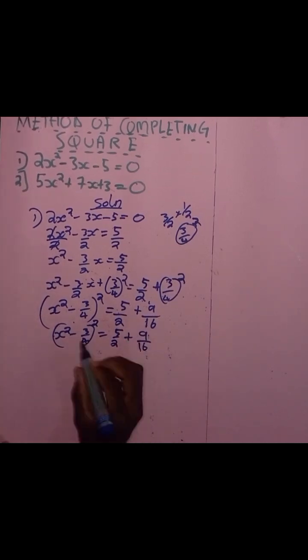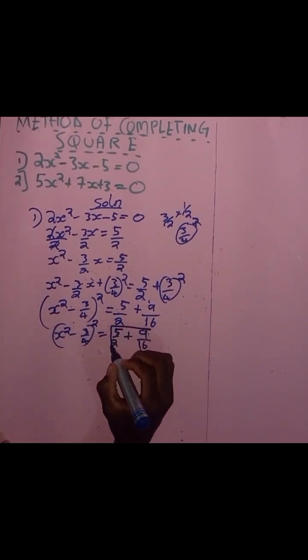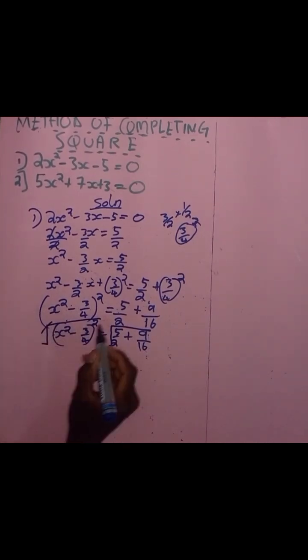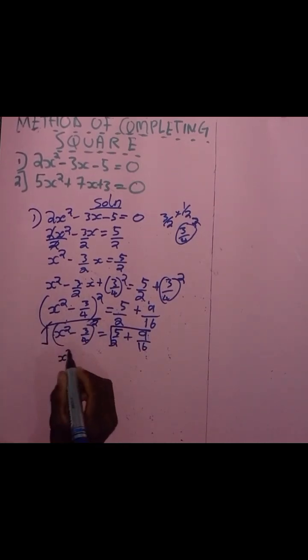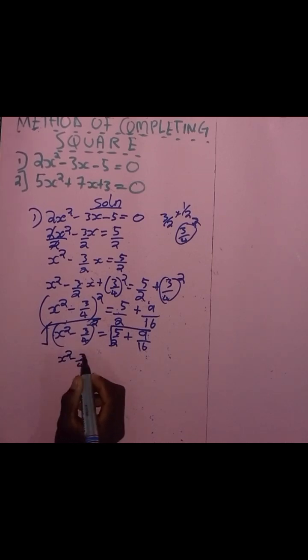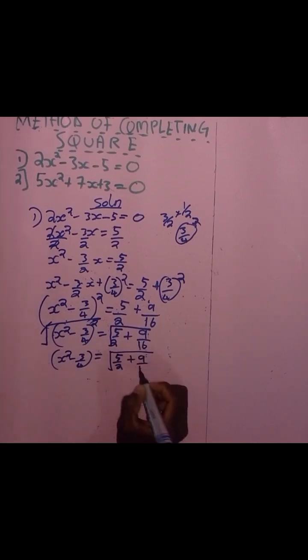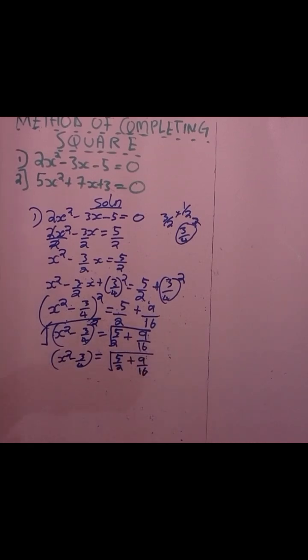Okay, let's take the square root of both sides like this. If we square root both sides, the square will cancel the square here. We're having x minus 3 over 4 is equal to 5 over 2 plus 9 over 16.